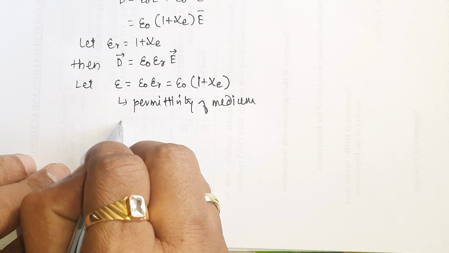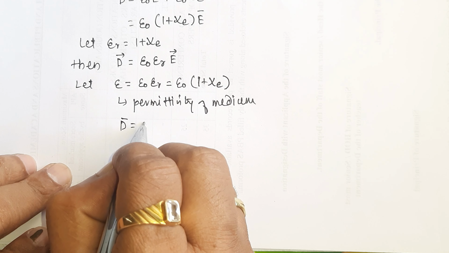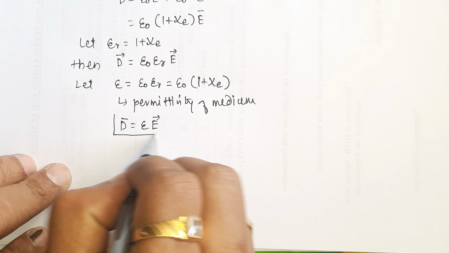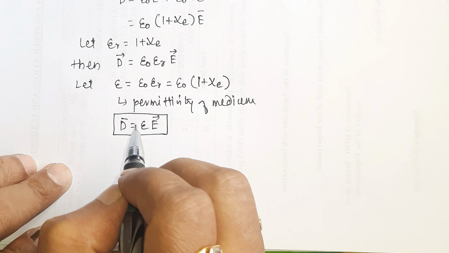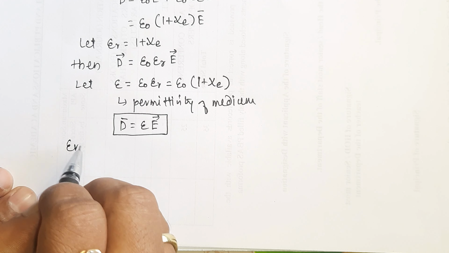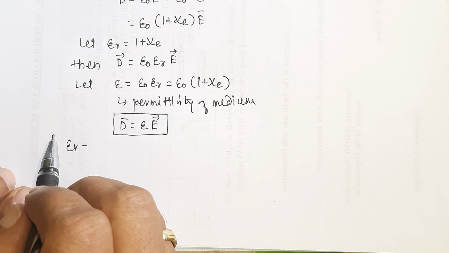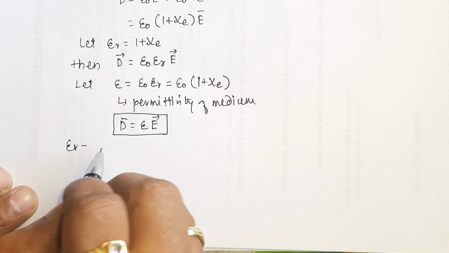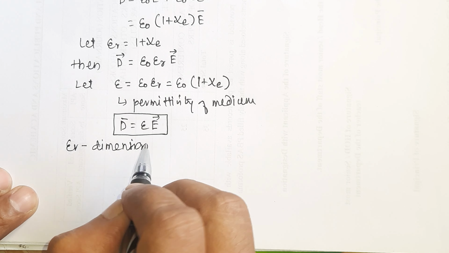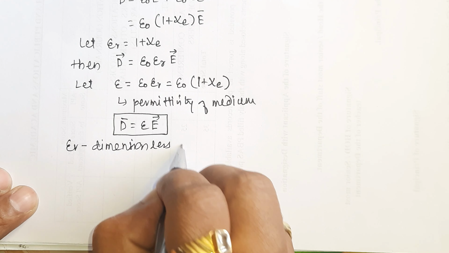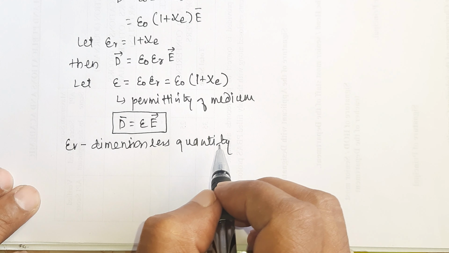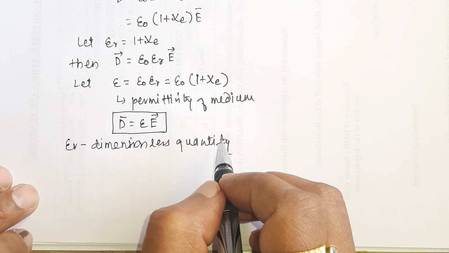Then we can write D bar is equal to epsilon into E bar. So this is the final formula. This epsilon r is a dimensionless quantity, and it is termed the relative permittivity of the dielectric medium.